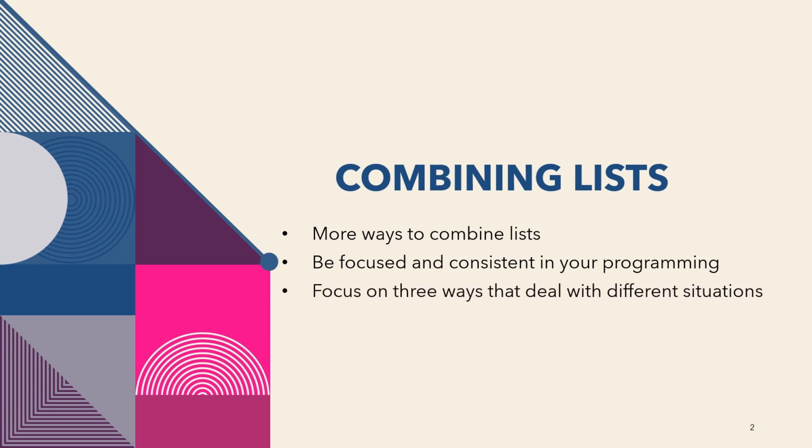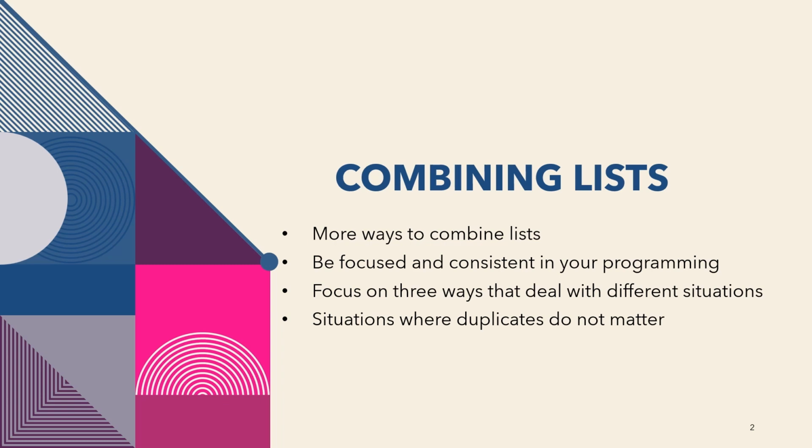What we're going to be talking about today, I'm going to focus on 3 ways that deal with 3 distinct situations. One situation when you're combining lists is that the duplicates do not matter, and I'm going to show you a way to do that.